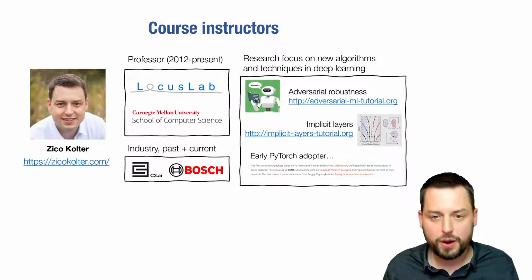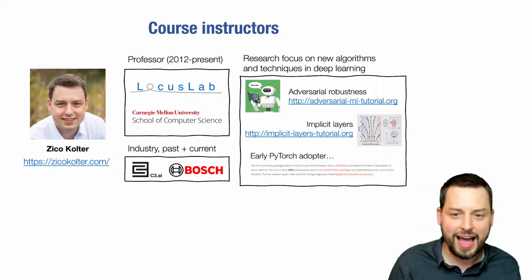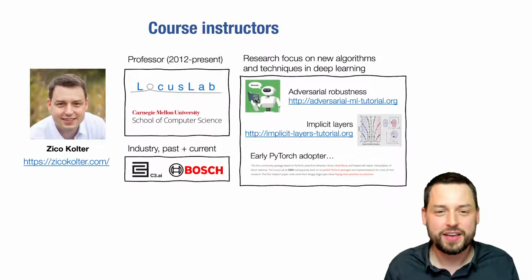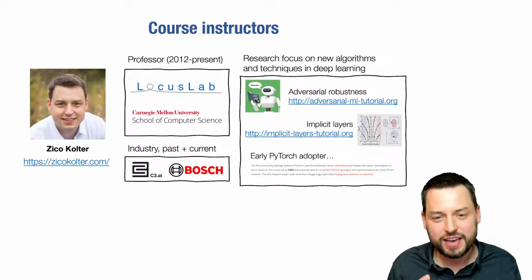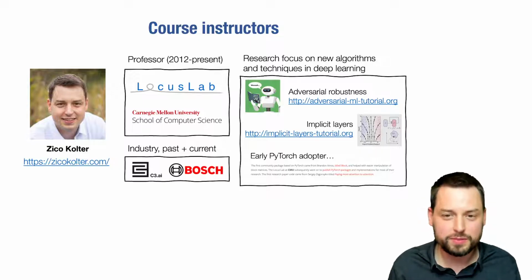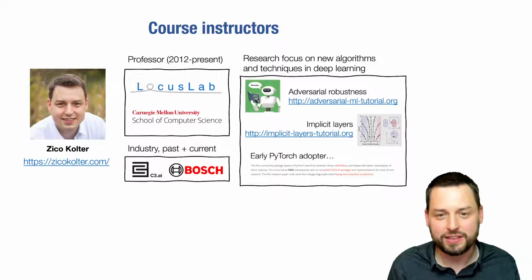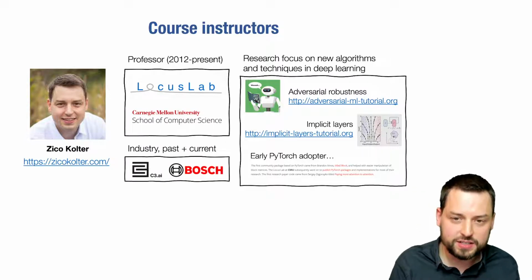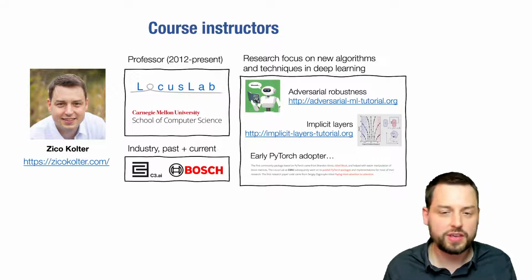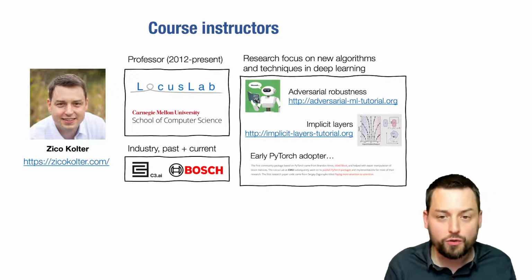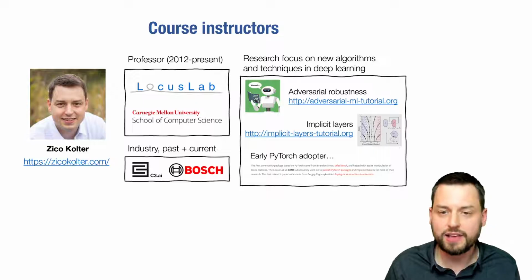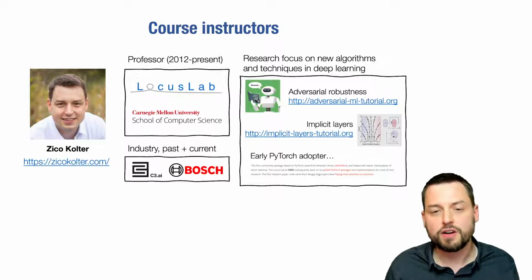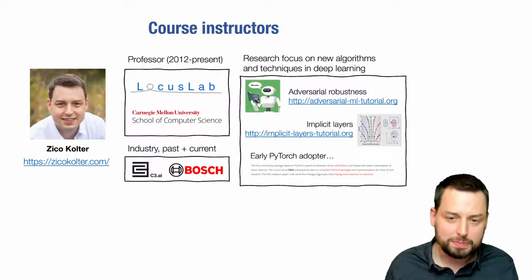My research in academics focuses on new algorithms and new methods in deep learning. I've done a lot of work on adversarial robustness, especially certified and provable defenses against adversarial attacks. I've also done a lot of work in what we call implicit layers.